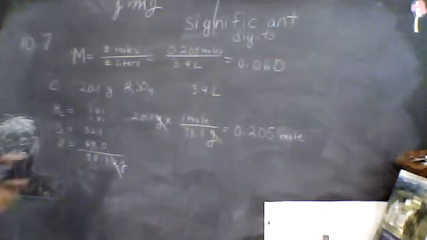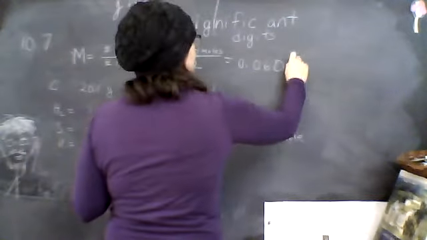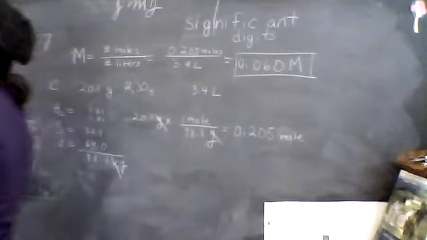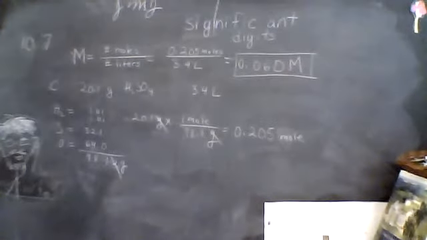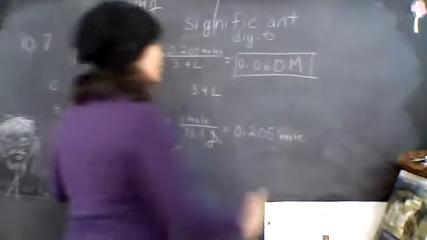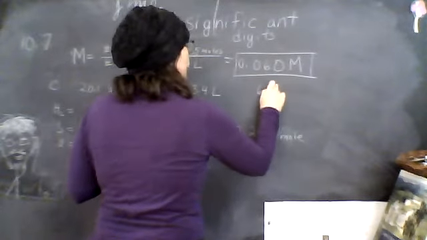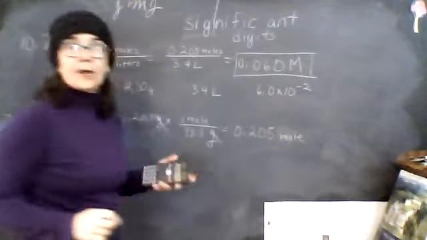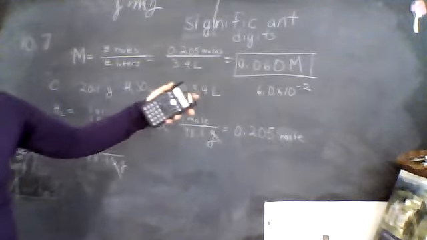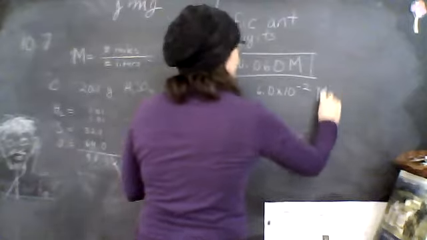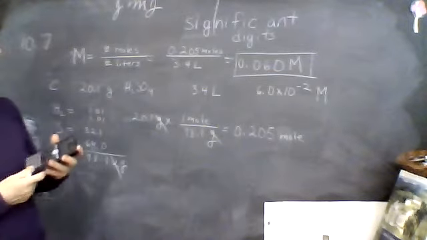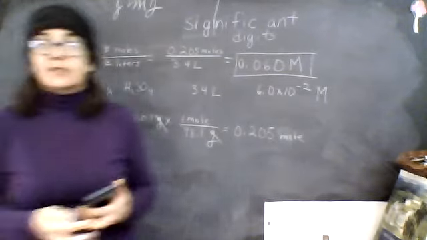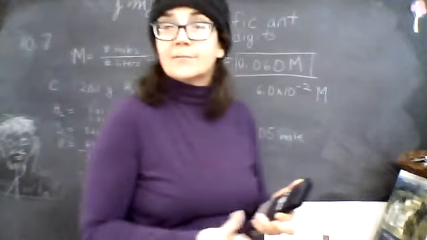And that is the correct number of significant digits. That is the correct answer. If you wrote 0.06, you would be in error. I would mark it as wrong. If you wrote 6.0 times 10 to the negative 2, I would mark that as correct. Molarity: the correct number of significant digits is 2. That's the point here. So that's it for 10.7. Thank you for joining us.